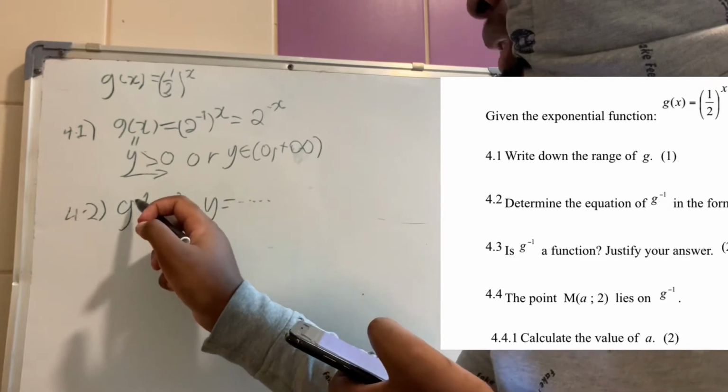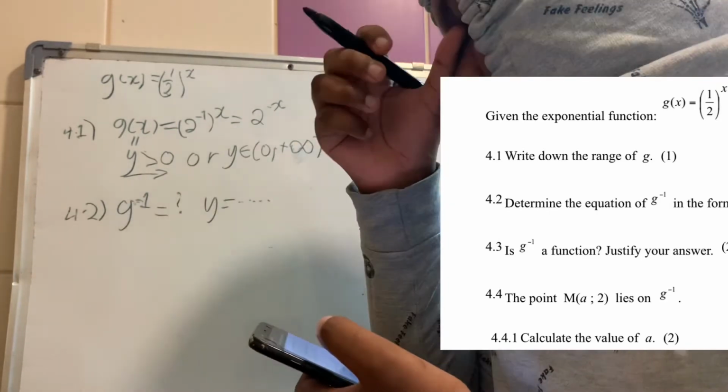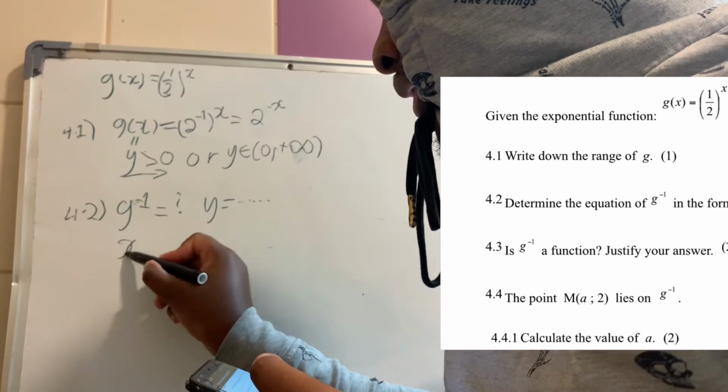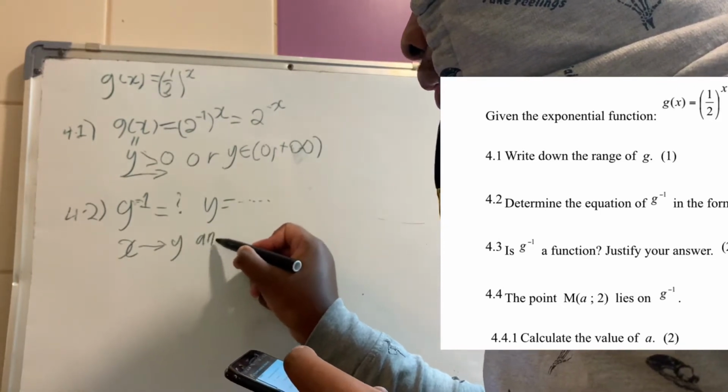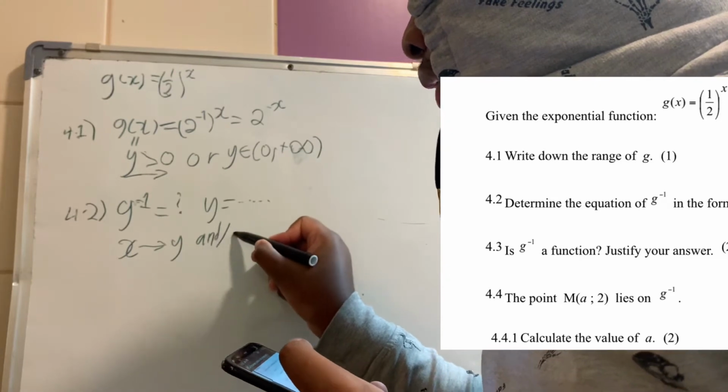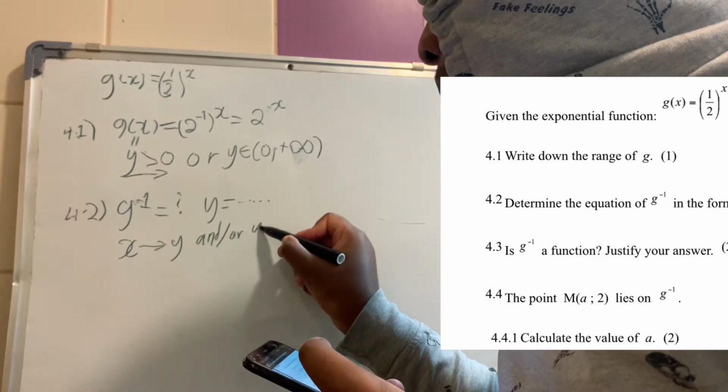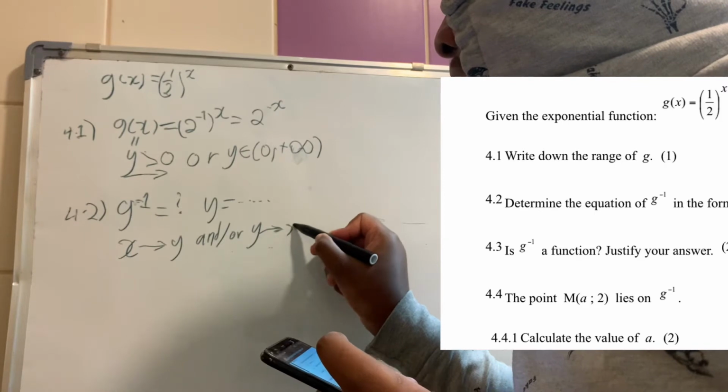This is the inverse of g, and for the inverse we swap x with y, or we swap y with x.